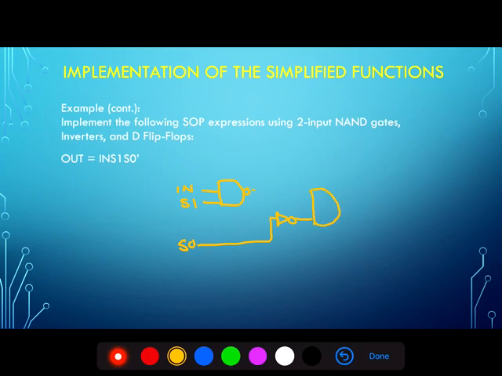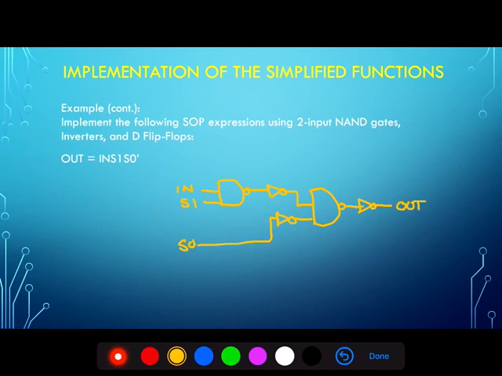But in order to make these NAND gates, we'll double invert the output of the first AND gate to retain the same value, but to implement using NAND gates. And then the output of the last AND gate, we'll have to put through an inverter to get the expression for out.